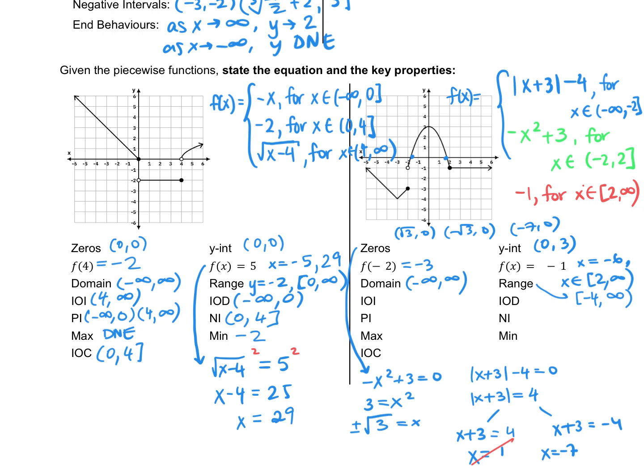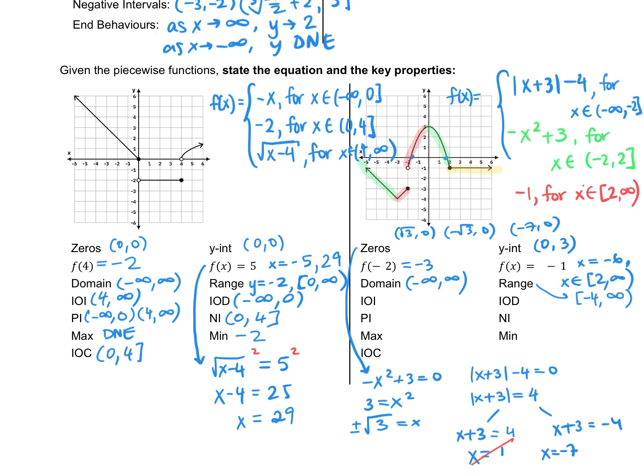Next, intervals of increase. I am going to highlight here. This first part of the absolute value decreases. Then it increases. Then we switch gears and we increase on the parabola. Then we decrease. And then we have a constant segment.